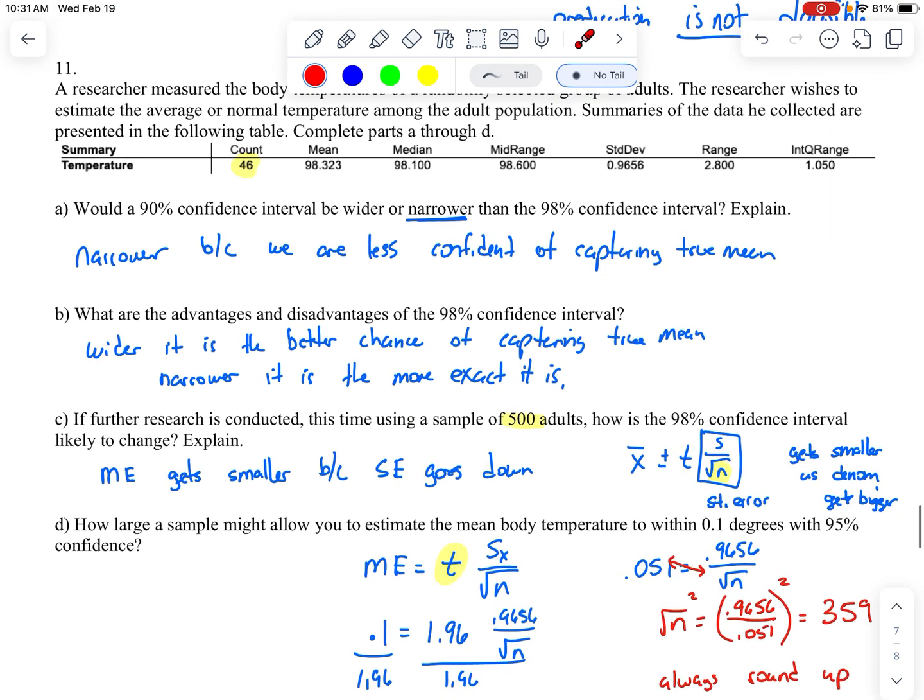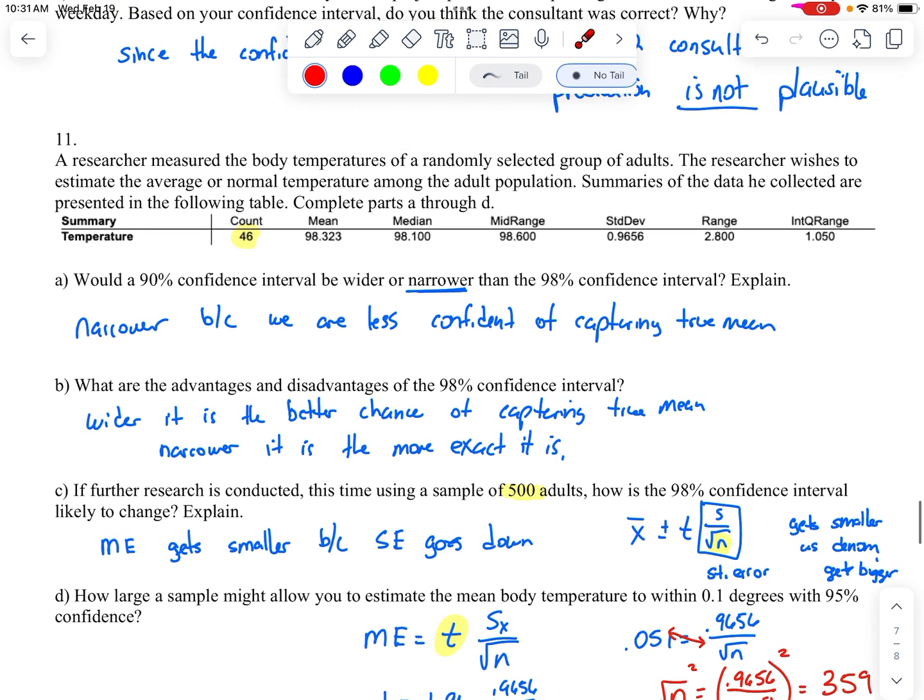In number 11, again, we have some summary statistics for the daily body temperature. Would a 90% confidence interval be wider or narrower than 98? So we're comparing 90 and 98. Again, 90 is going to be less confident, so my interval will be narrower.